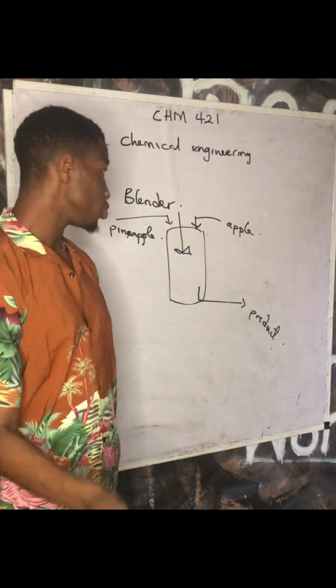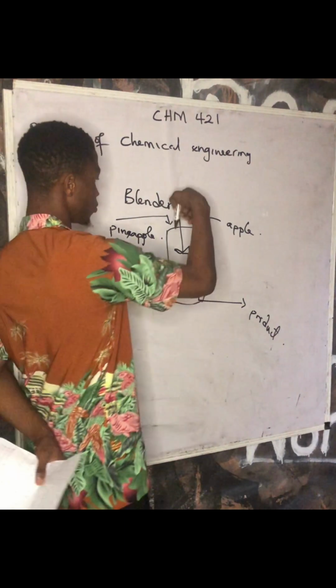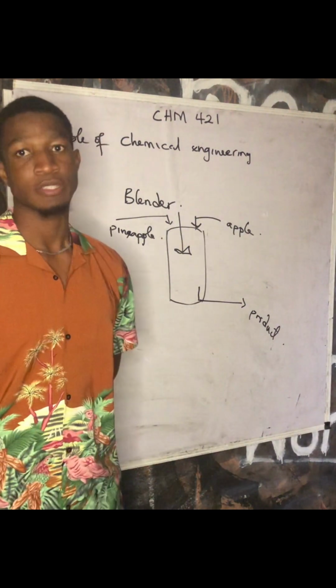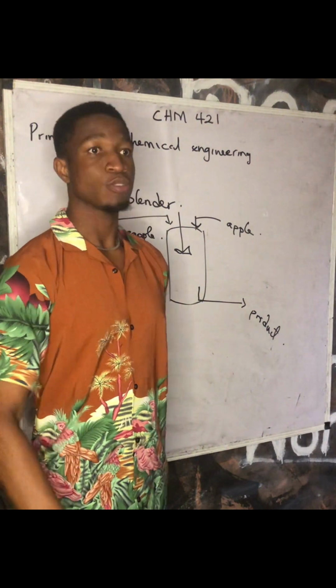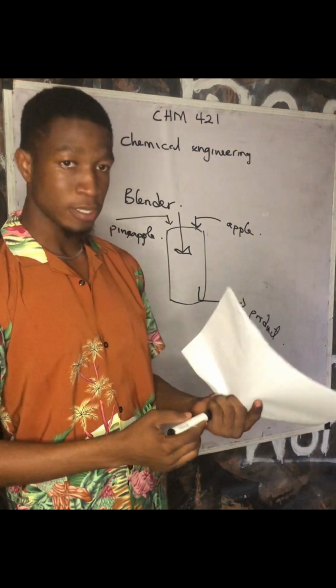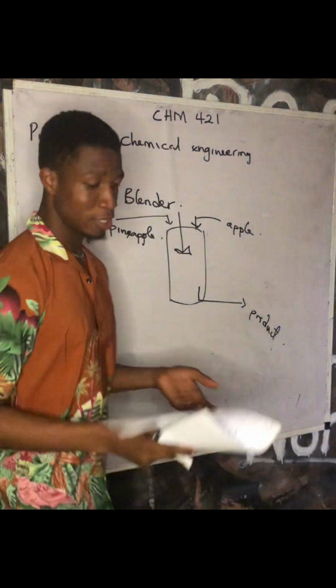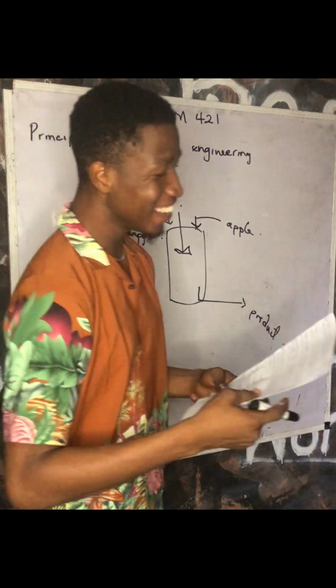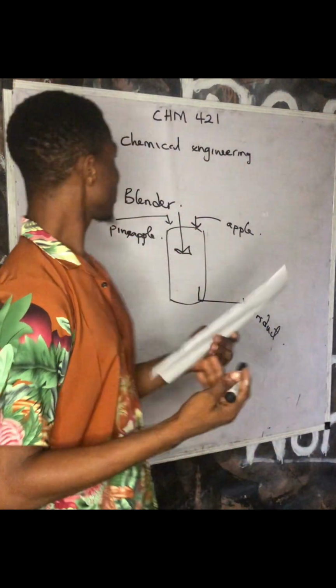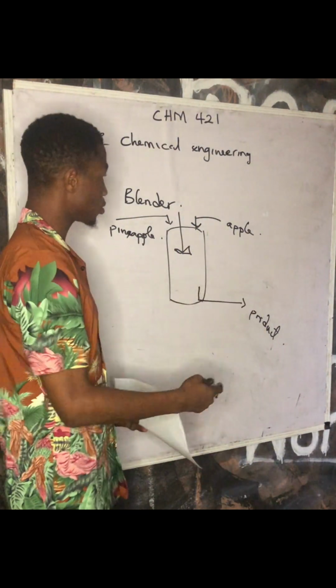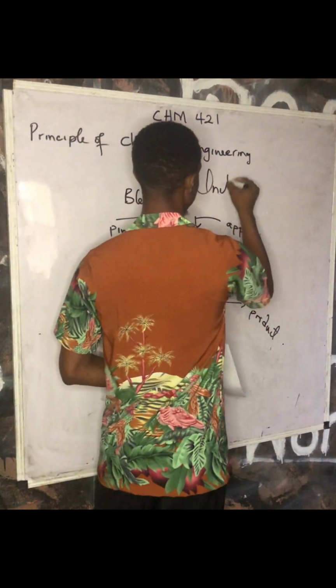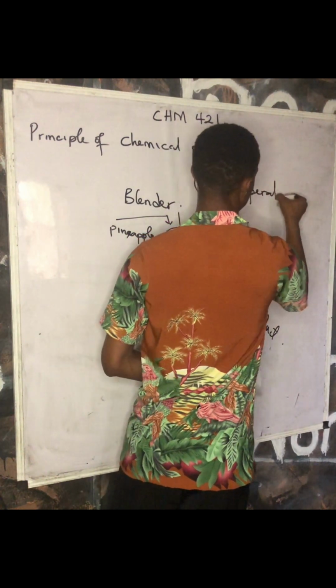So the course we're about to deal with is basically dealing with input and output. That's the focus. But there are some basic terms that we need to know first. I'm going to read it because that is the note part, and you guys know I don't really like notes. First of all, this whole thing here is called a unit operation.